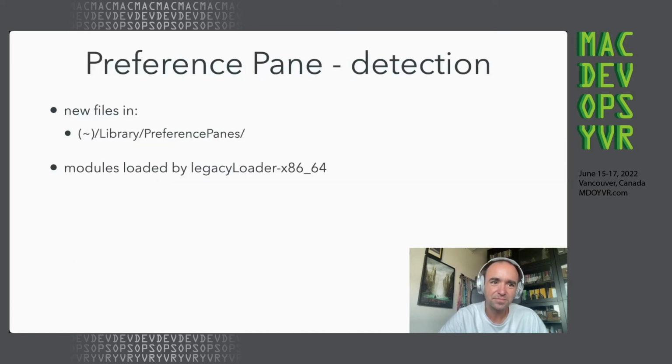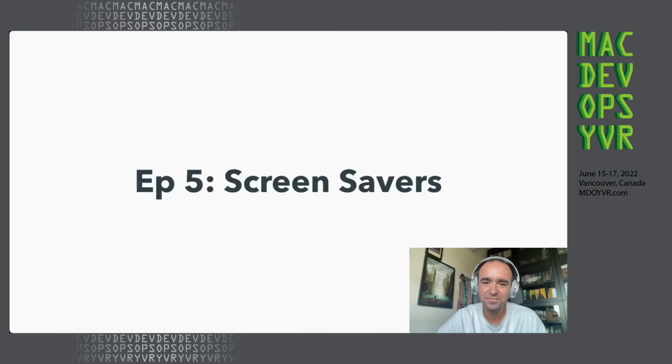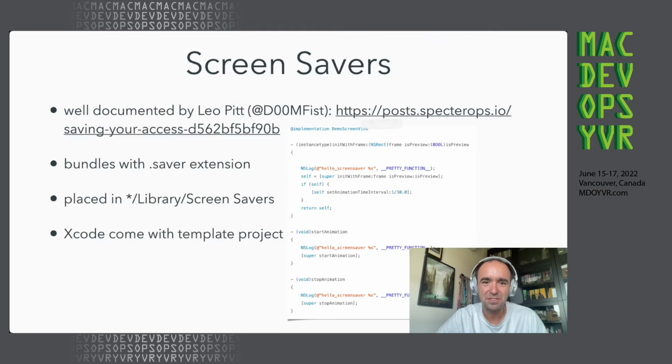So that's interesting for detection because we can monitor for new files in the Library PreferencePanes directory, or we can monitor for modules loaded by the legacyLoader process. So both of them could be used for detection of these preference panes. Next one is screensavers. This is pretty similar to preference panes.